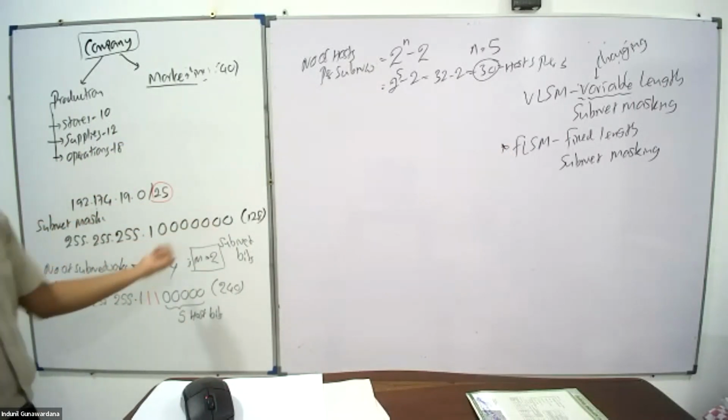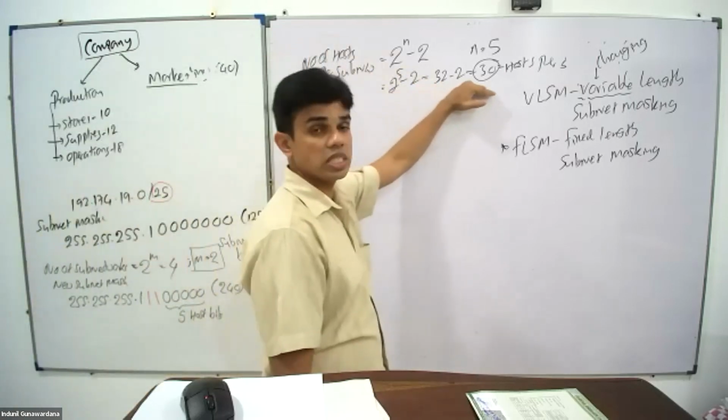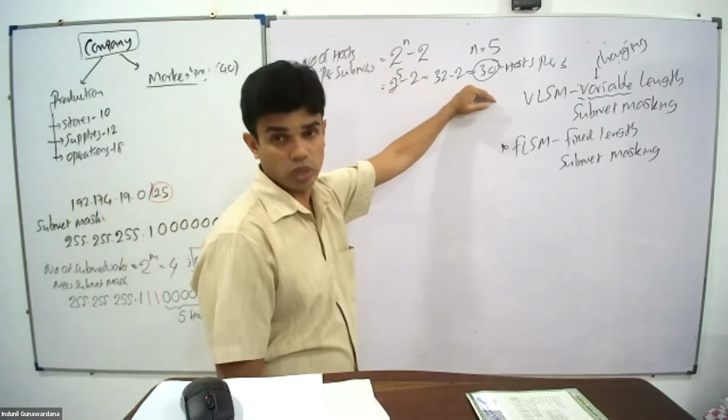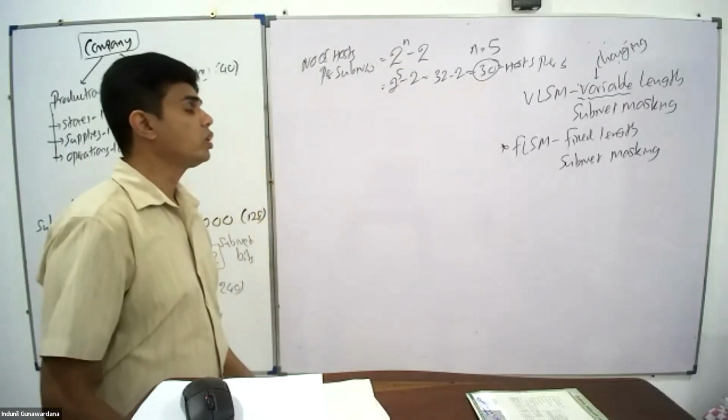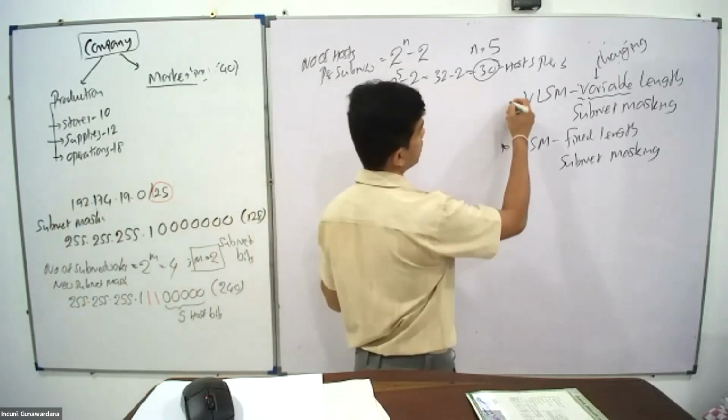But when you made it, the next doubt is that with these 3 hosts we can't accommodate the 40 hosts. Then what? That's why we have to go for this variable length subnet masking.